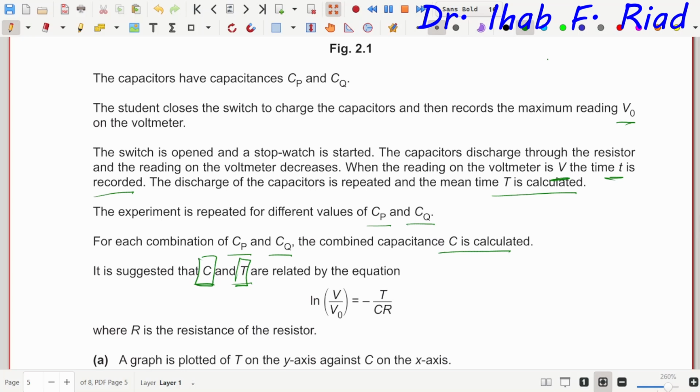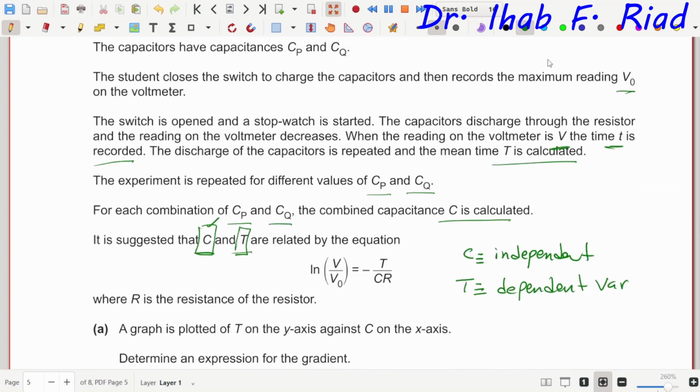The one that we can control is C, so C is the independent variable. T is the one that we measure, so it is going to be the dependent variable.